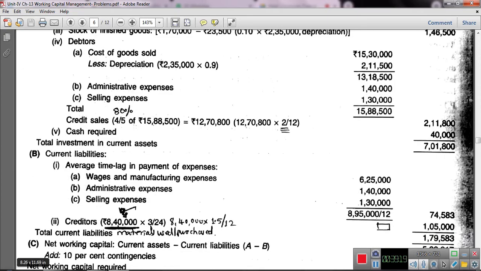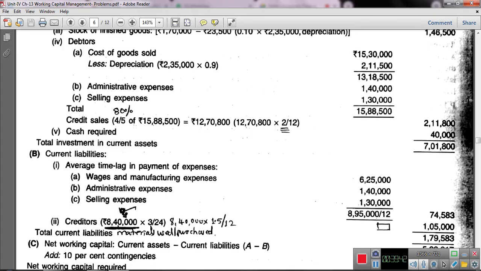So creditors is equal to, you forget what is there in the bracket. For simple understanding, follow what is written in pen: 8,40,000 into 1.5 divided by 12. The suppliers of raw materials give a credit period of 1.5 months to this company.